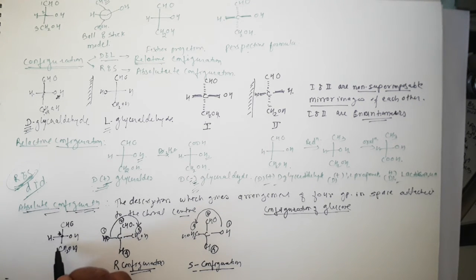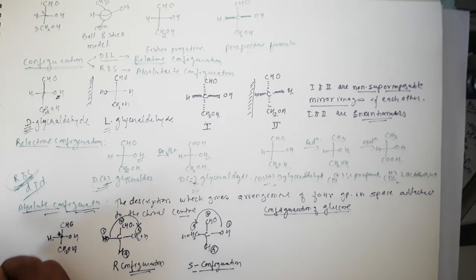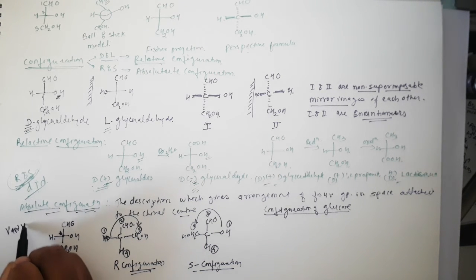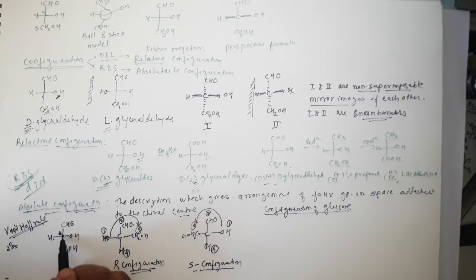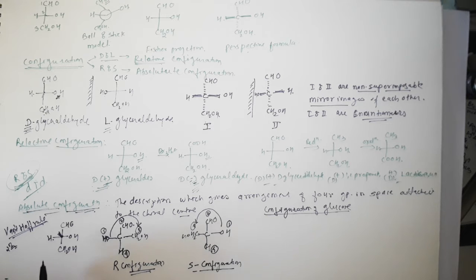So the total number of isomers is calculated by Van't Hoff's rule. What is Van't Hoff's rule? Van't Hoff's rule is 2 raised to the power n. So what is n? n is the number of asymmetric carbon atoms. Suppose in glyceraldehyde there is only one asymmetric carbon atom, then the total number of isomers is 2 raised to the power 1, which is equal to 2. So glyceraldehyde has 2 isomers, D-glyceraldehyde and L-glyceraldehyde.